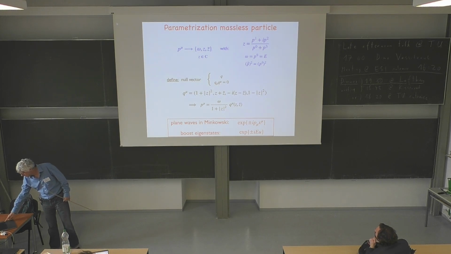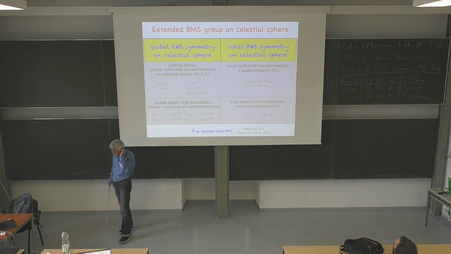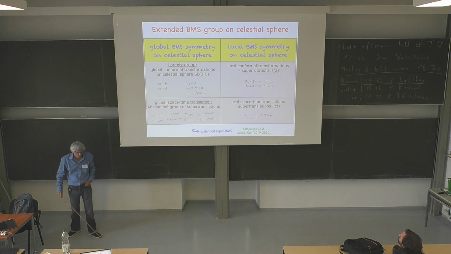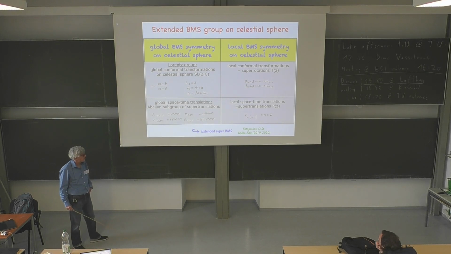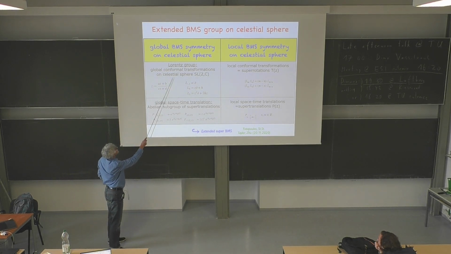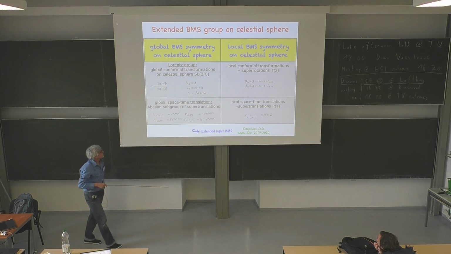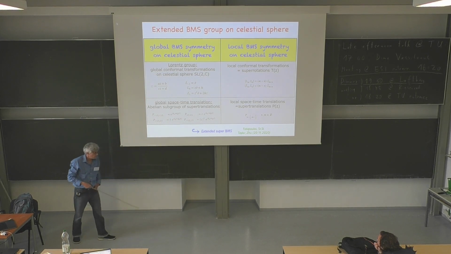To wrap up, as I said, this two-dimensional celestial conformal field theory is a natural setup for studying BMS symmetries, and so you can study global BMS symmetry and local BMS symmetry, and you can represent the generators. So you have a full Virasoro algebra describing conformal transformations, and then you also have translation operators.